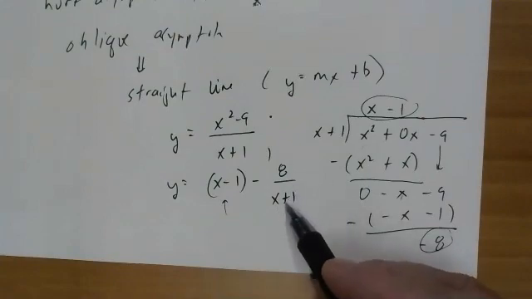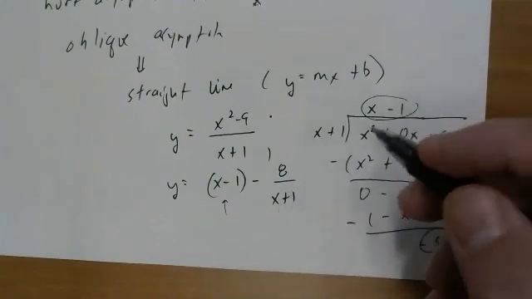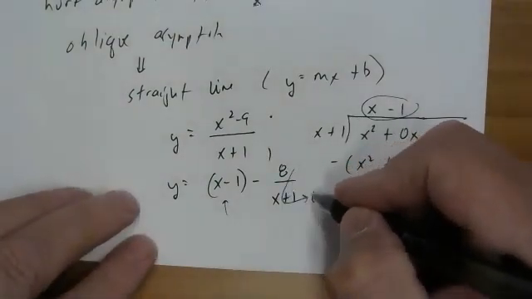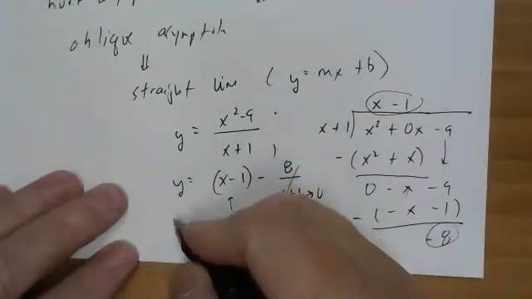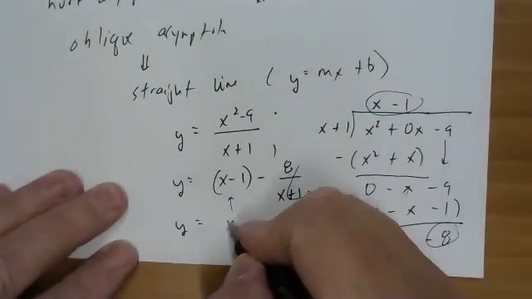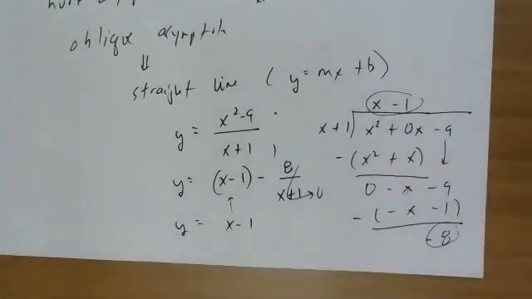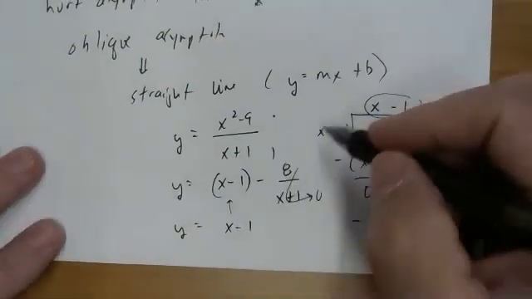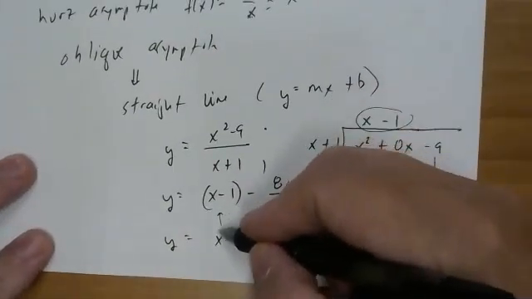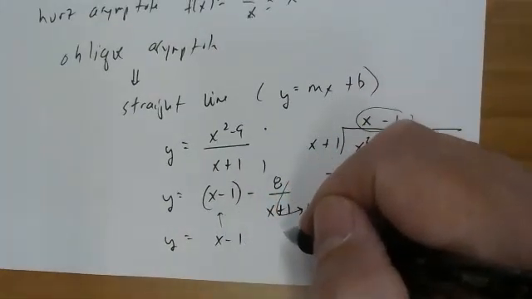I'm going to have 8 over a huge number, which pretty much goes away, gets so small. So what you're really left with for this asymptote is y equals x minus 1. That is in the form of a straight line.